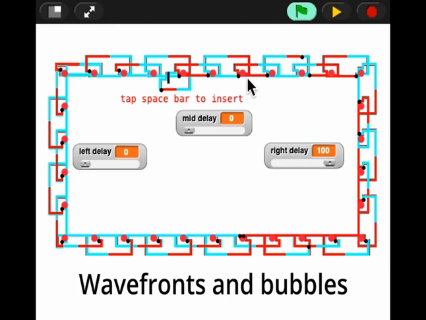If the output of the olive behavior is red and the closure input to the olive behavior is red, then the oscillation network contains a red wavefront. If the output of the olive behavior is blue here and the closure input is red, then the oscillation network contains a blue bubble. If the output of the olive behavior is red and the closure input is blue, then the oscillation network contains a red bubble.